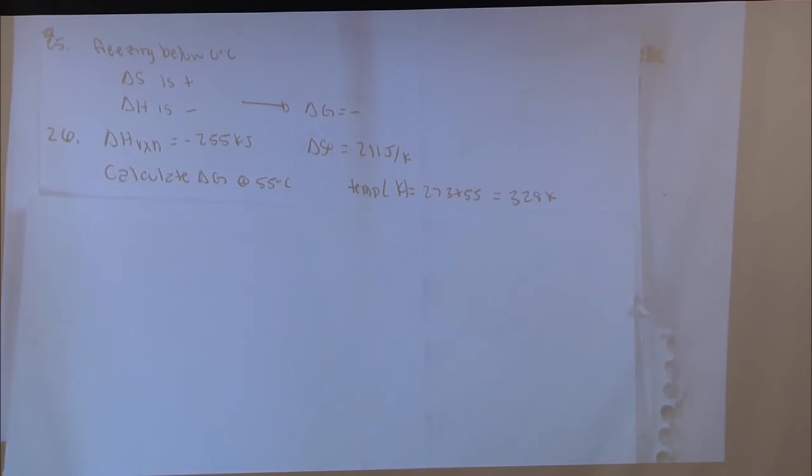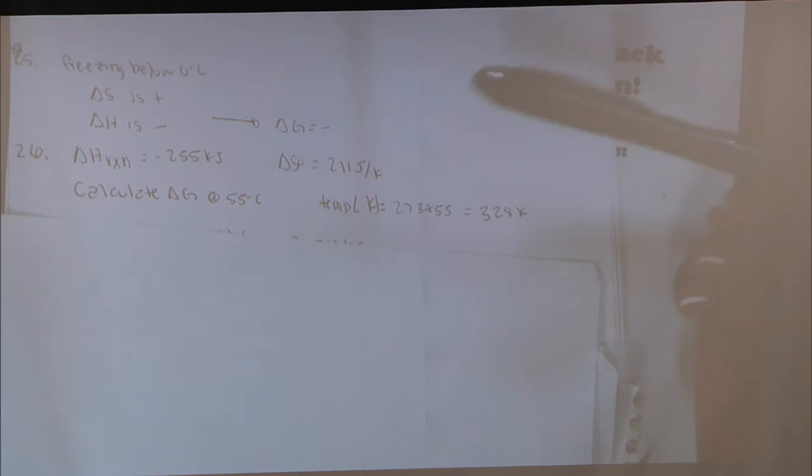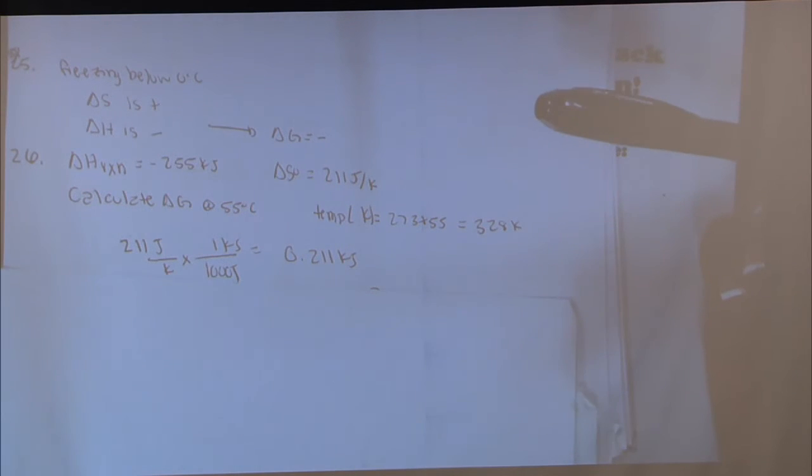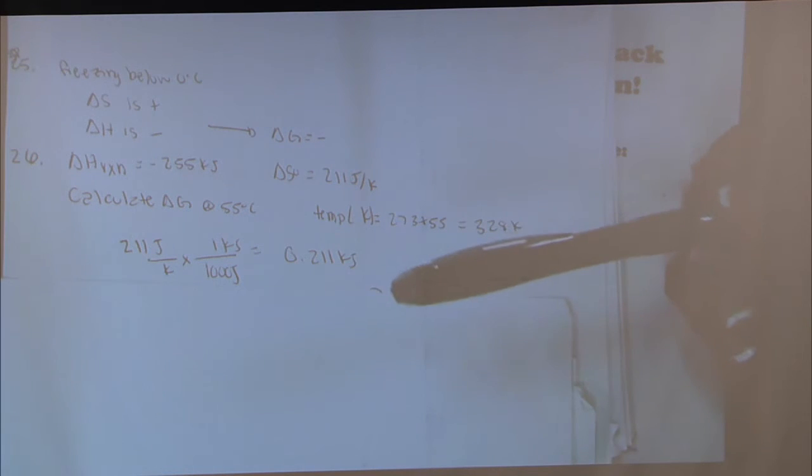So we have the delta H, that's in kilojoules, and the delta S is in joules. Well, the answer choices are in kilojoules, so we're going to change the delta S from joules to kilojoules as well. And so when you do that, you divide by 1,000 joules, and you'll get 0.211 kilojoules.